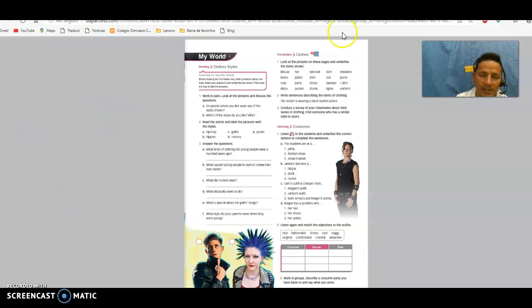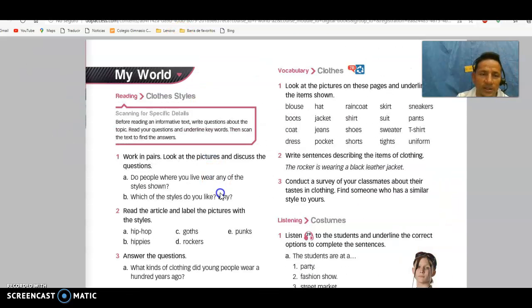So you're going to do activity number one, two, three, only three activities. Okay, no more. Just one, two, three. But keep in mind this is great to help you understand reading comprehension.